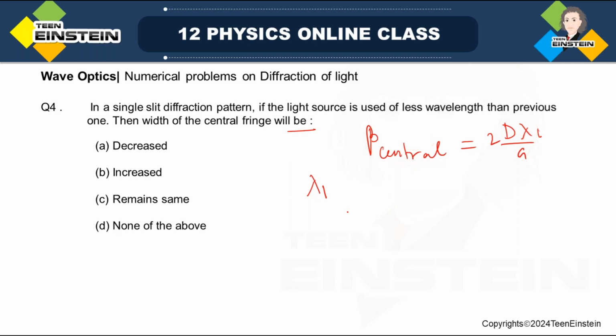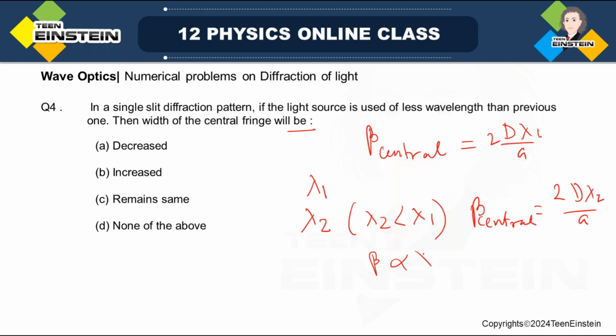Then you take some other λ2, which is less than λ1. So now β central will be 2dλ2/a. Since β is directly proportional to λ, if the wavelength is less, then obviously the width of the central fringe is going to decrease. All right, let us go to the next problem.